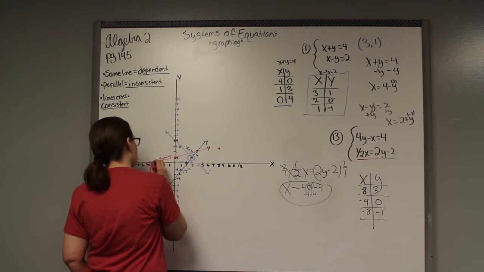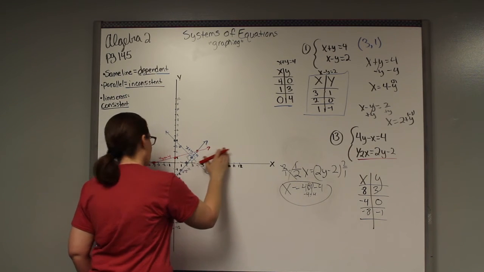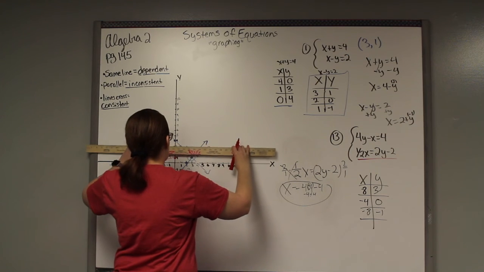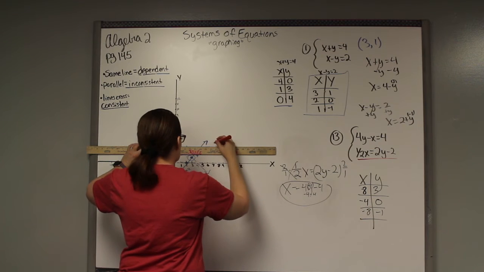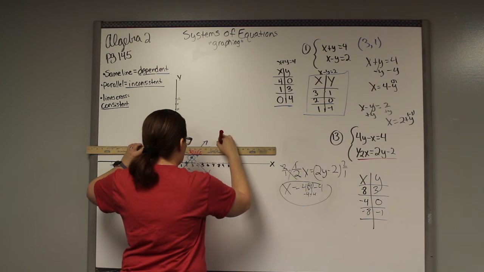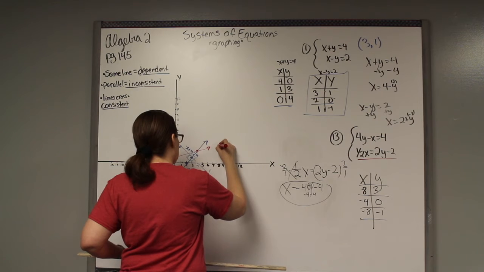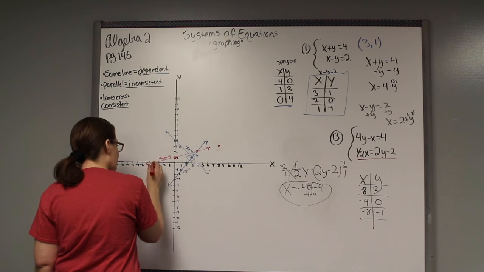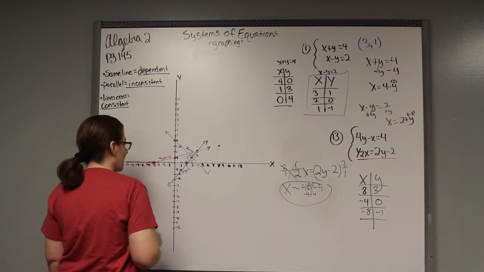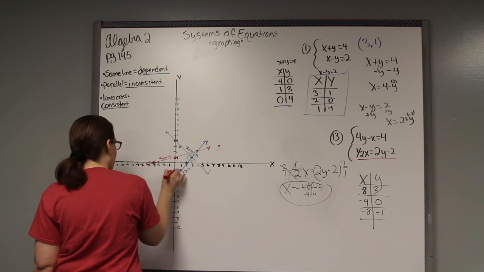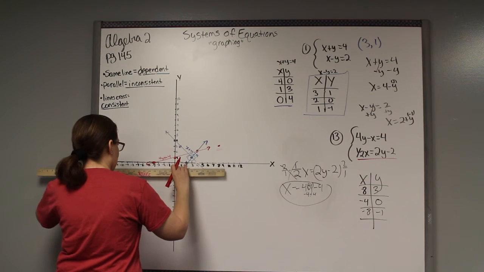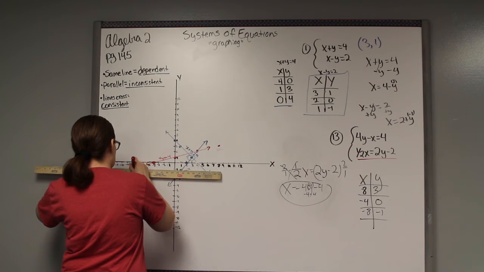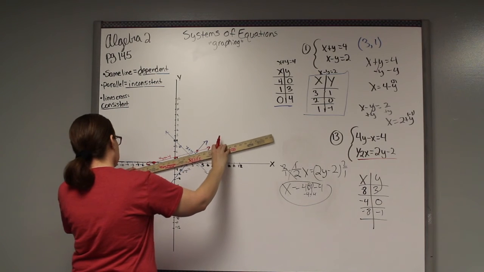Negative 4, 0 is right here. And how about I do this to figure out where 3 is. 3, 8 is roughly about right here. Okay. And then negative 4, 0 is this mark right here. And then negative 8, 1, better use this just to make sure that I don't go too far, is right here.